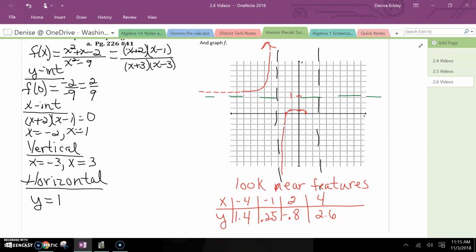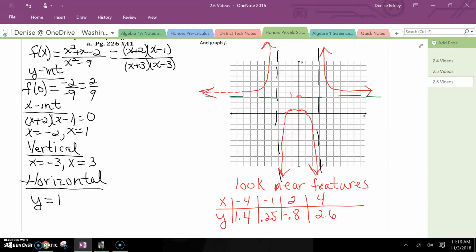It's going to have to go through that x-intercept. And then if you notice, at 2, it's at -8, so it has to come back down like that. And then finally at 4, I'm above the horizontal asymptote, so that means this function had to come down and go over like that. I know this seems a little confusing at first, but as you get better at this, it becomes pretty easy at seeing the grid that happens from all the asymptotes.